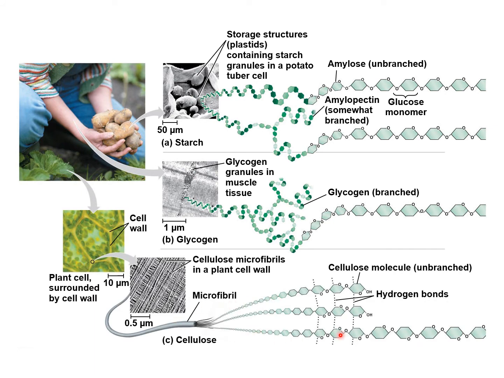Here's cellulose. Cellulose is also a polymer of glucose, much less digestible with different kinds of bonds stabilizing it. Not only covalent bonds, but now we're bringing in some hydrogen bonds as well, which is part of why cellulose has more durability and can last longer in the environment than either glycogen or starch.